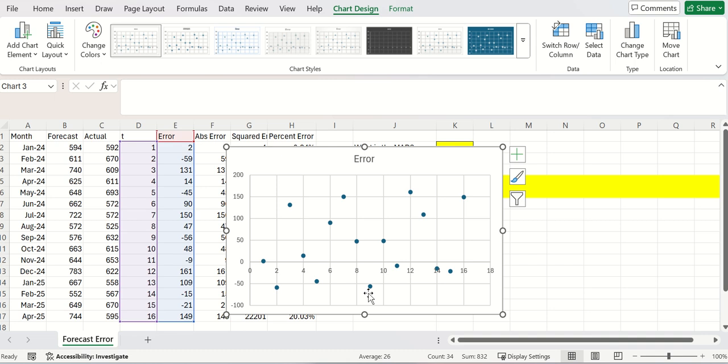I have 1, 2, 3, 4, 5, 6 values, or 6 times, that I underestimated, but I also have 10 times that I overestimated. As a matter of fact, my overestimations go up to about 150, and rarely do I go much below 50 here. So from a bias standpoint, you can see that this forecasting technique that we're currently using oftentimes over forecasts.